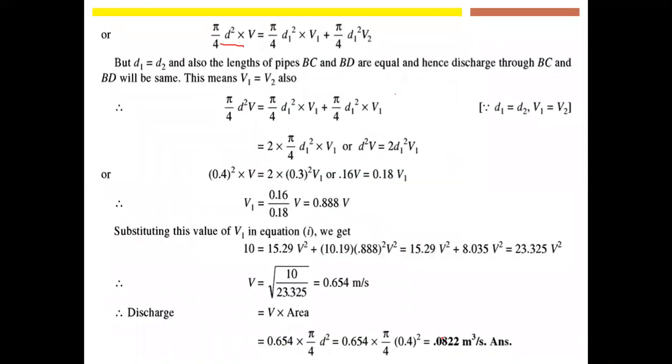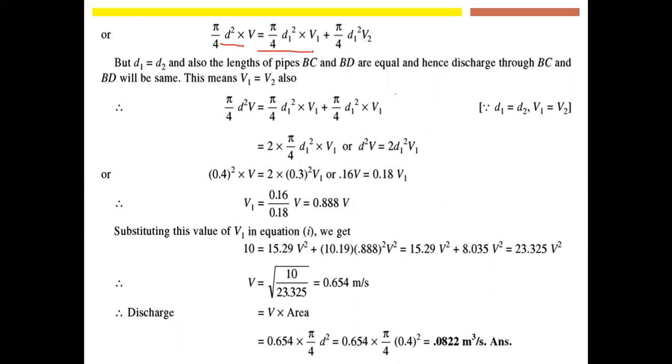Discharge is area into velocity. Therefore, pi by 4 D square into V is equal to pi by 4 D1 square into V1 plus pi by 4 D2 square into V2. So this is the equation.